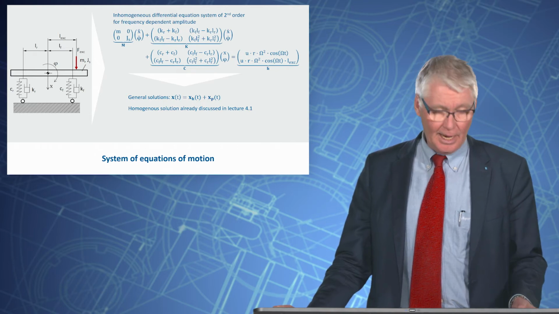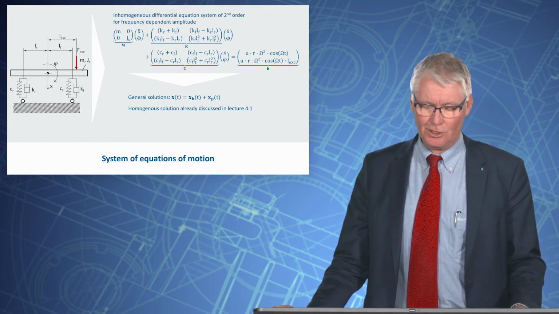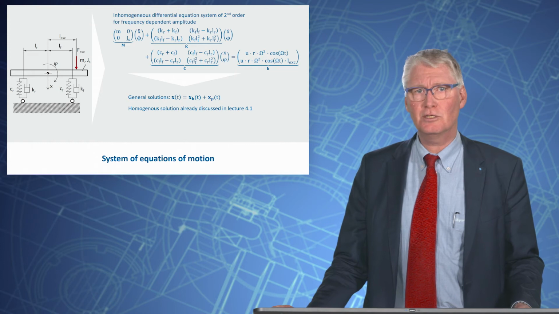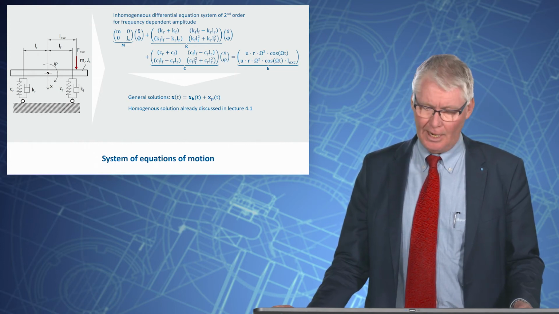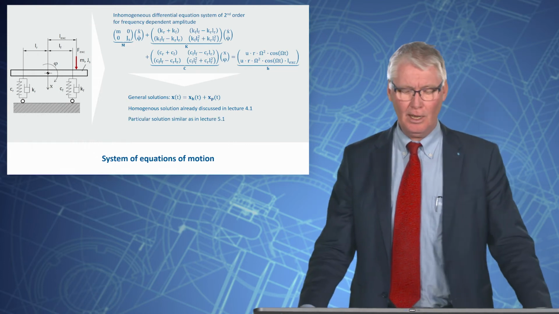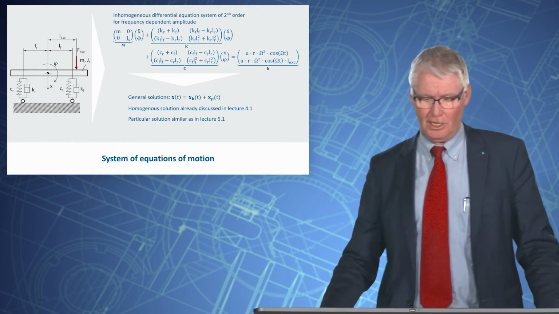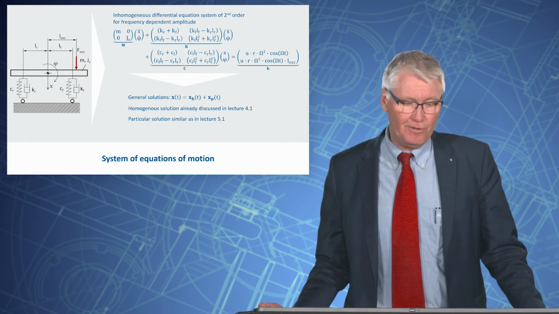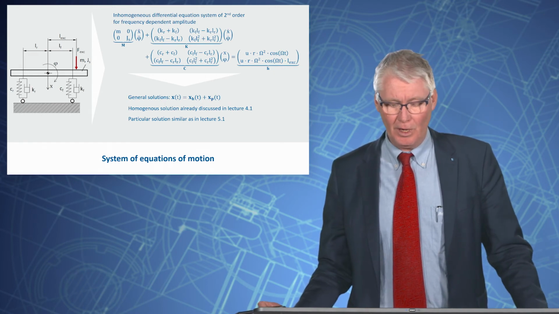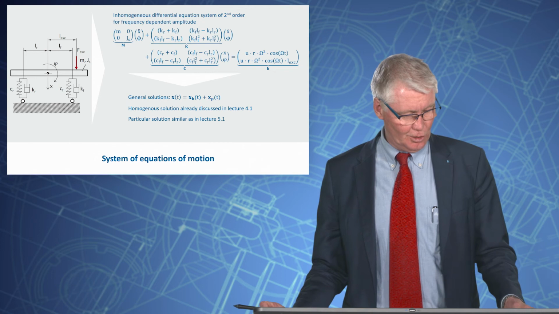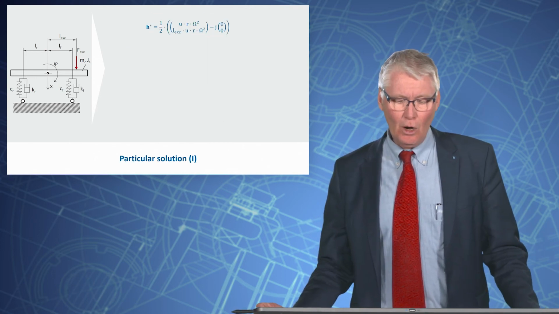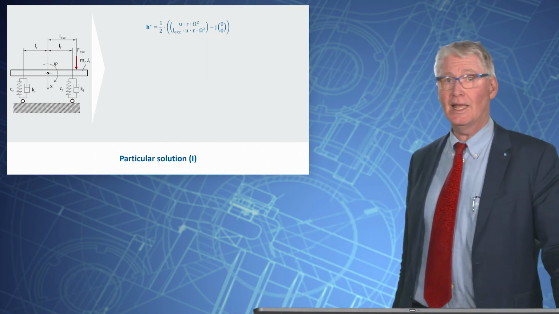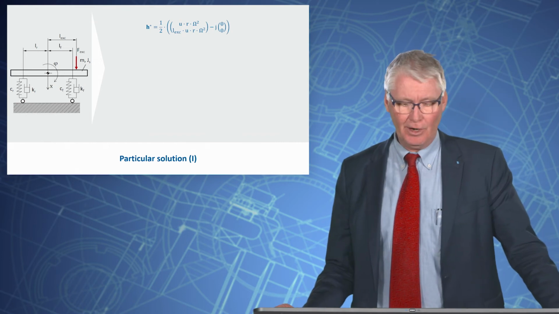And again, as in the previous lecture, we know that the homogeneous solution was already discussed in lecture 4.1. We have talked about the particular solution in lecture 5.1, and we will find today that we will come up with a very similar solution. So we can again formulate the vector h star.